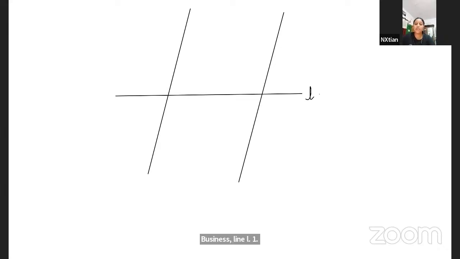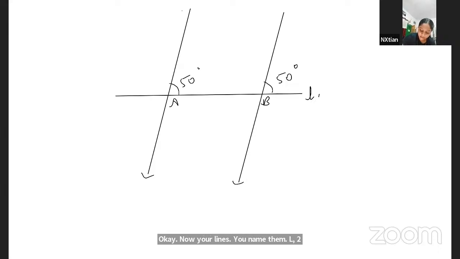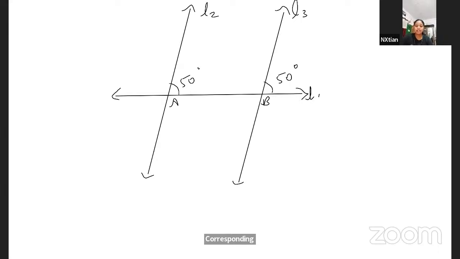Here your 50-degree angles will be made, 50 degree and 50 degree, because this is point A and this is point B. Now your lines you can name them L2 and L3. So this is how this figure will be constructed to prove that corresponding angles, which are made when two parallel lines are intersected by a transversal, are equal. Okay, so you can write it down.